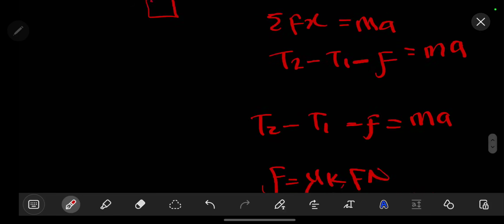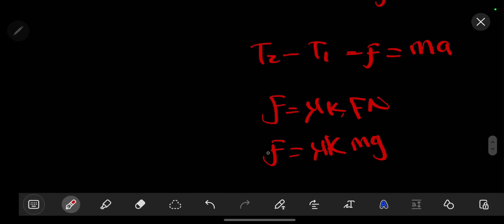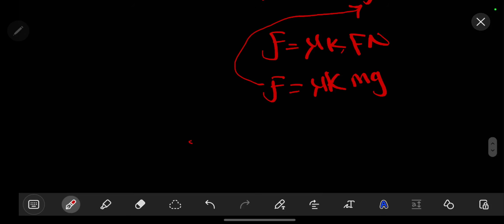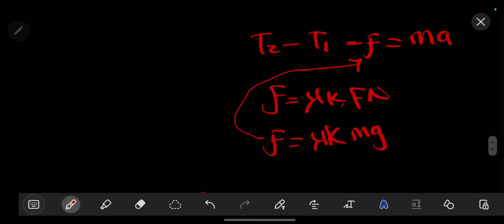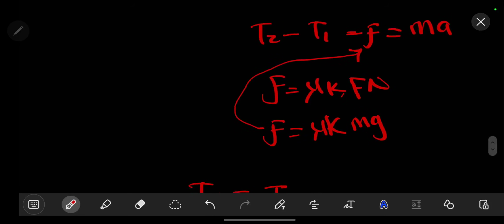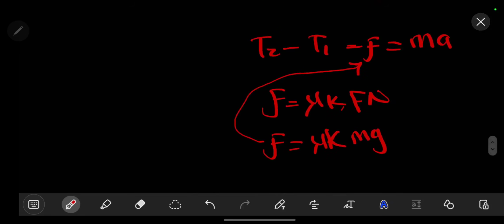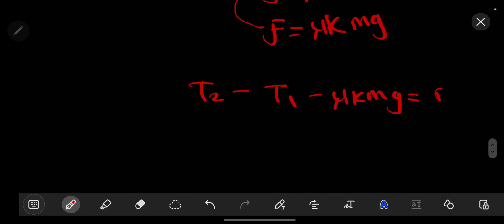We have tension number 2 minus tension number 1, minus our frictional force, in this case mu k mg, which is equal to ma like that.